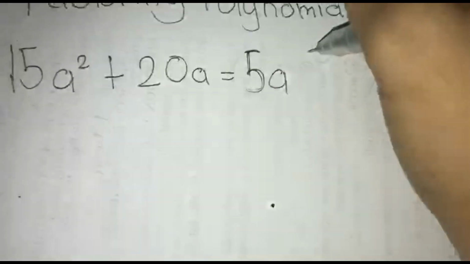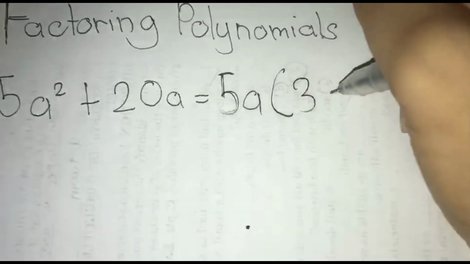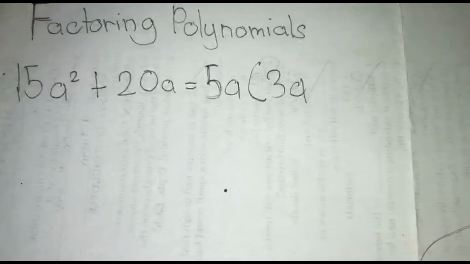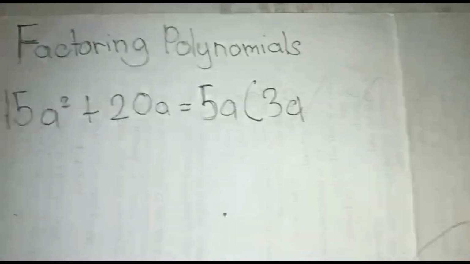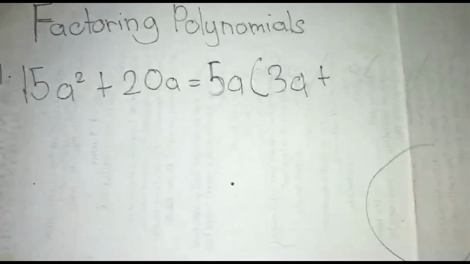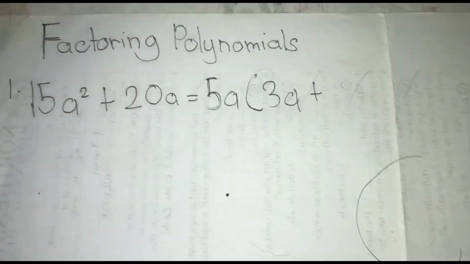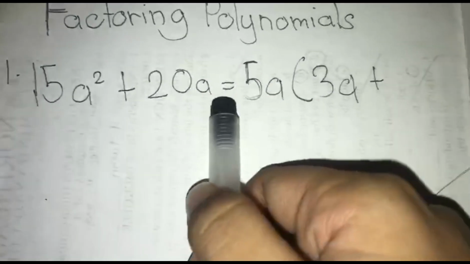So ilalagay natin dito 3a plus, so divide natin each term ang 20a divide 5a. 20 divide 5 is 4.